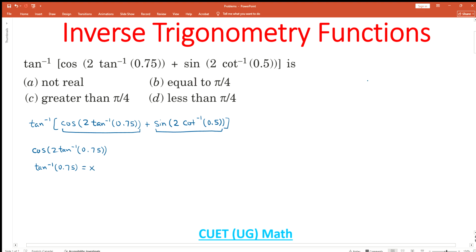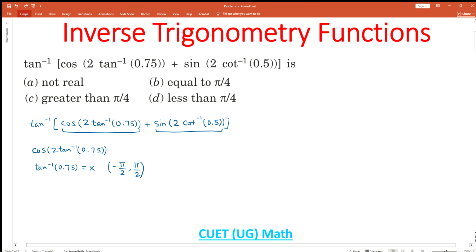As you may know, the range of tan inverse function is the open interval negative pi over 2 to positive pi over 2. That means the value of x should be between negative pi over 2 and positive pi over 2. That's quadrants 1 and 4.